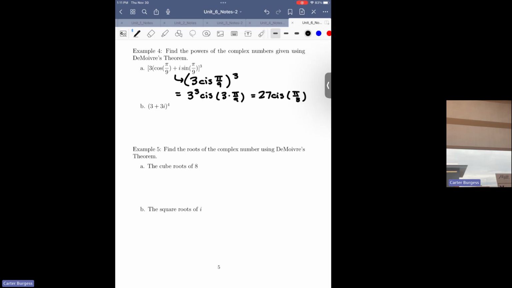Well, this is your R, this is your theta. What's our value of n? What do we do with R? What do we do with theta? 3 to the 4th.